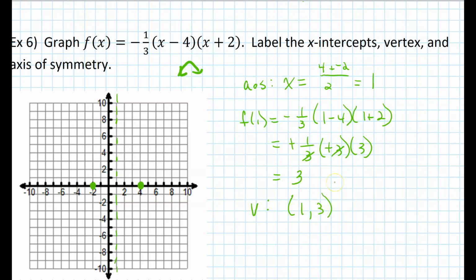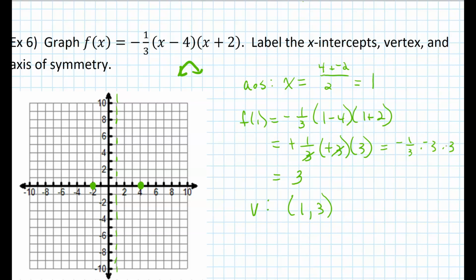Wait, what just happened? We plugged in 1. How did you just get the 3? What happened to the negative? There was a double negative here. It's just multiplying -1/3 times -3 times +3.